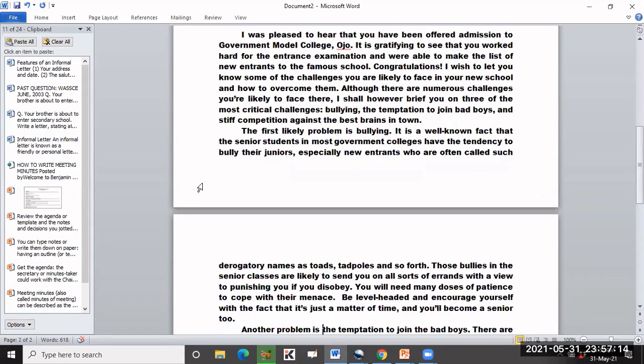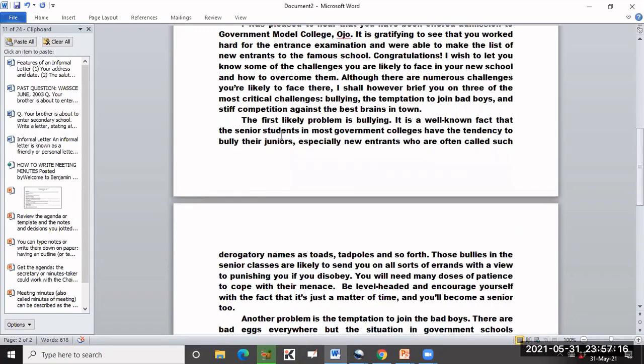All right, let's go to the body of our letter, which is the second paragraph. Now, in the second paragraph, what we are going to do is to take our first point. The first point we stated in our enumeration is bullying.